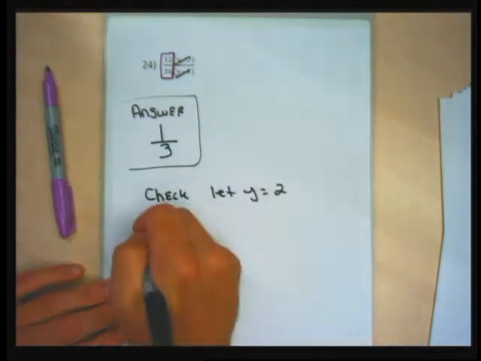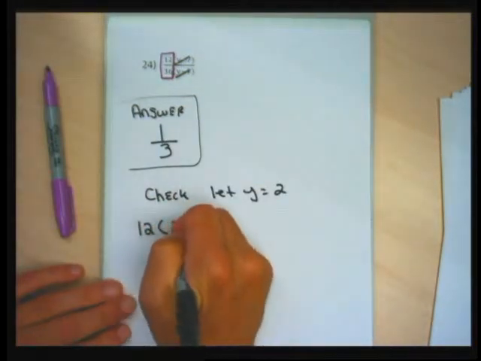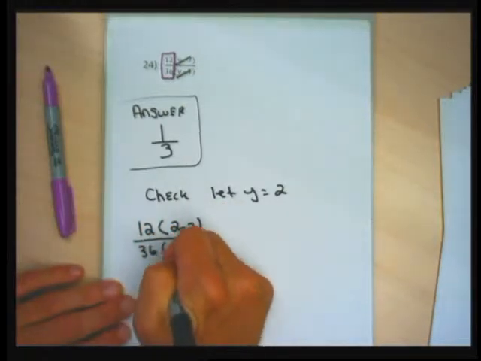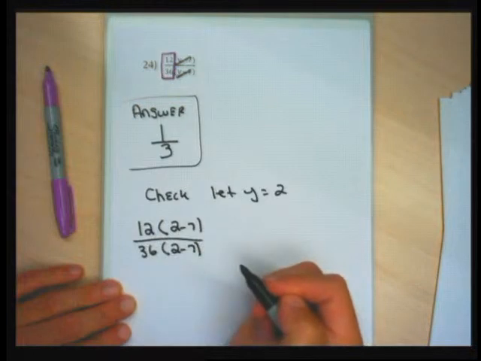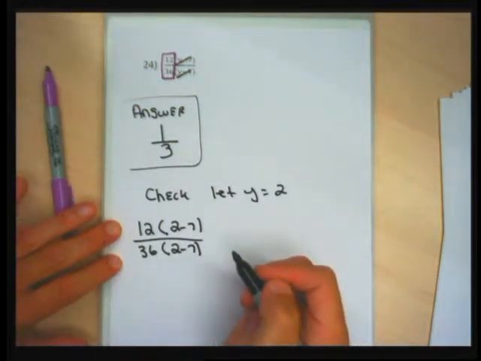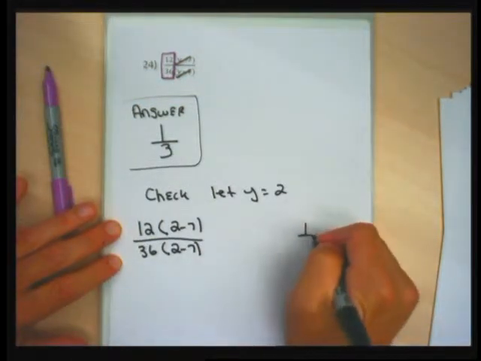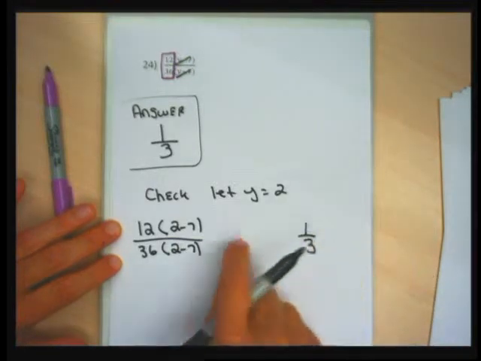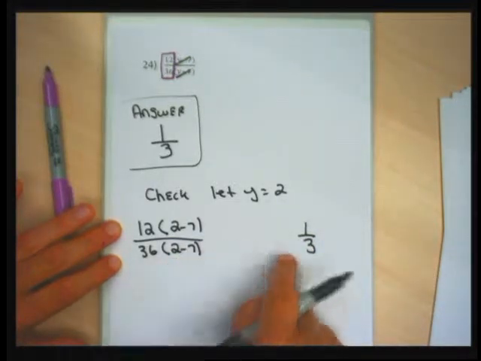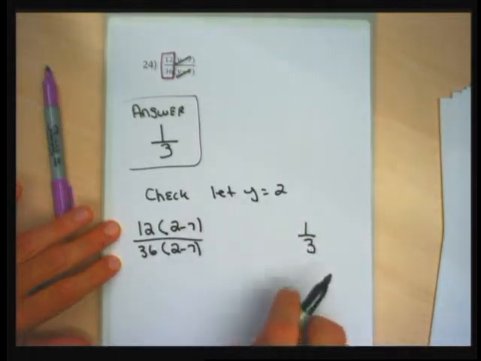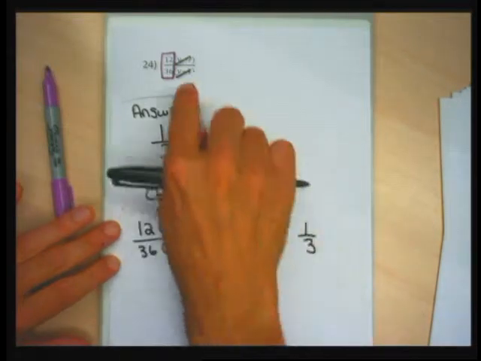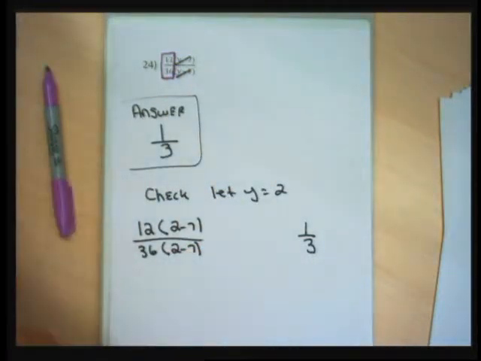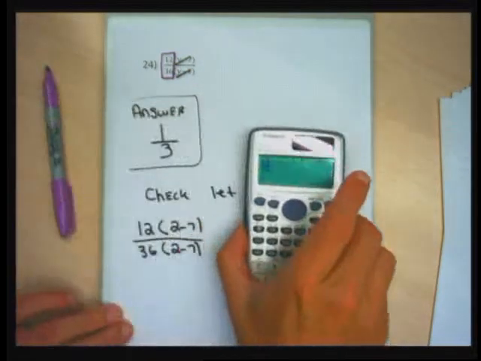In the original problem, I'd go 12 times 2 minus 7 over 36 times 2 minus 7. So that's checking in the original problem. In my answer, there's no place to plug the 2, so it better happen that this reduces to 1/3, because in my answer, there's no y's. So that tells me no matter what number I plug in for y, this should reduce to 1/3 unless I pick something outside the domain of the original problem.